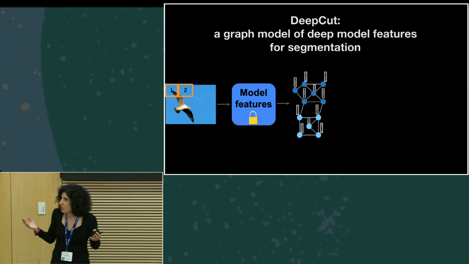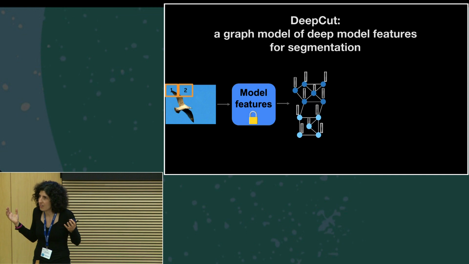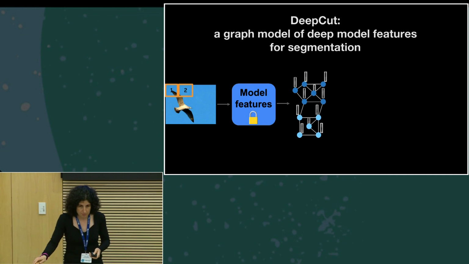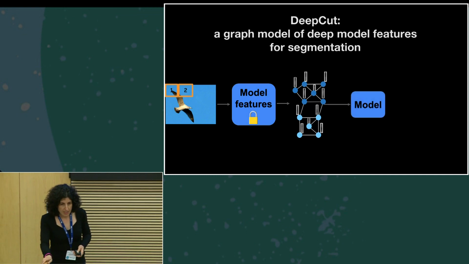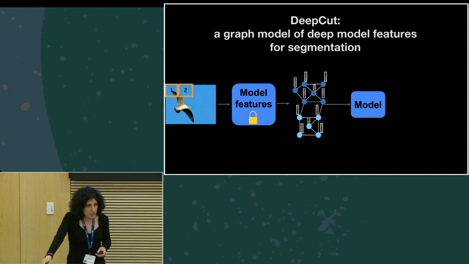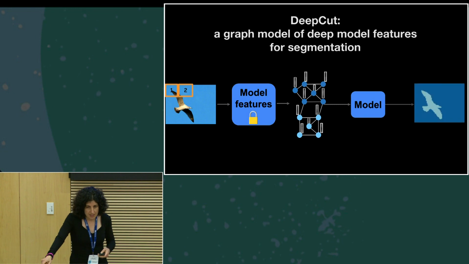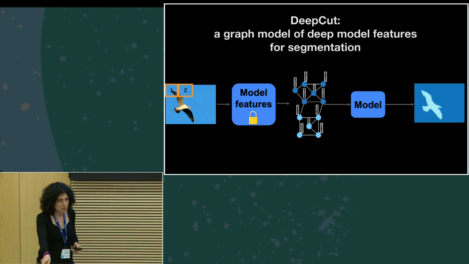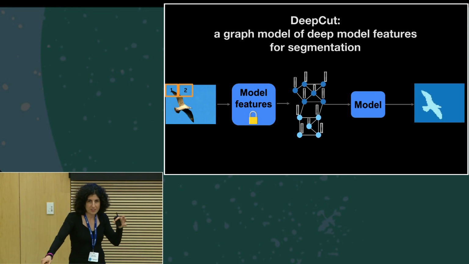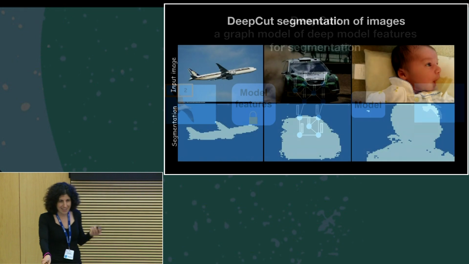But now when we have more features, we need something smarter there. So we insert another model into our calculation. And from that, we can get a good segmentation. I will not get into more details, but you're welcome to ask me. I will show you some results, which is more fun.